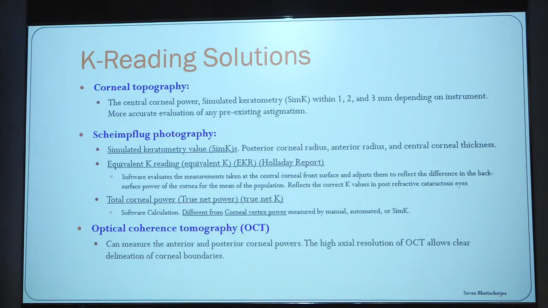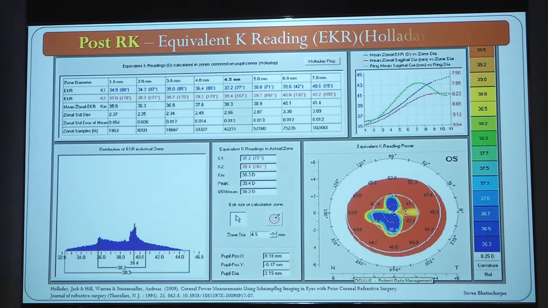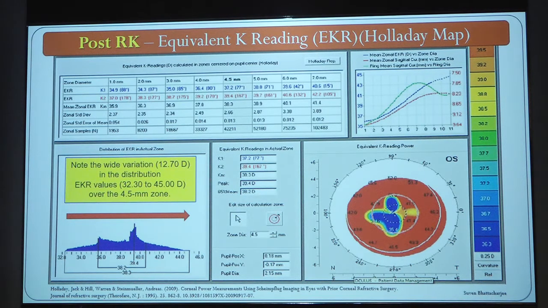OCT is another way of measuring the anterior and posterior cornea and the thickness of the cornea. Apart from the axial length, we measure the thickness and put that into the measurement of the corneal curvature, which enhances the accuracy. So for EKR, if you look at post-RK eyes, within the same 4.5 millimeter zone, the variation is almost 12.7 diopters.